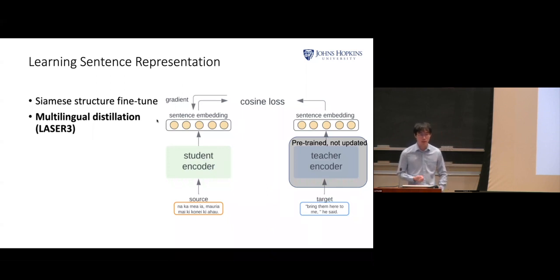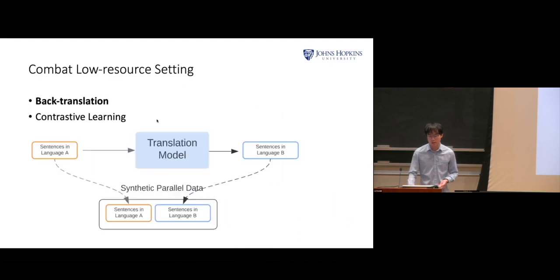However, here's a problem. Using this approach, we can already achieve better performance than fine-tuning BERT or RoBERTa. But for many low resource languages I work on, there is a very limited amount of parallel corpus, which means we don't have much data to train such an encoder in the first place. To combat such low resource settings, I resort to two different techniques. The first is back translation, which is already widely used in the translation field as a data augmentation technique, where you translate sentences from a source language to English and then form the synthetic parallel data.